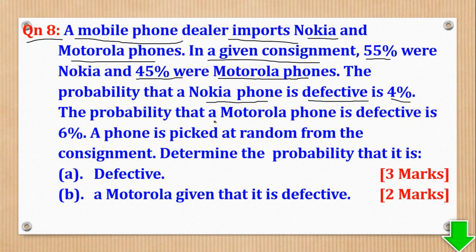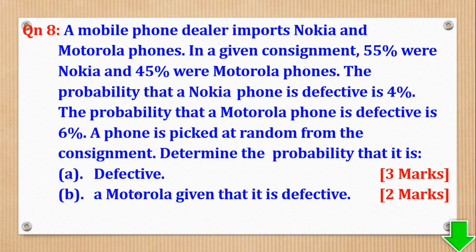The probability that a Motorola phone is defective is 6%. A phone is picked at random from the consignment. Determine the probability that it is defective, and part B, it is a Motorola given that it is defective. So just start with part A, defective.